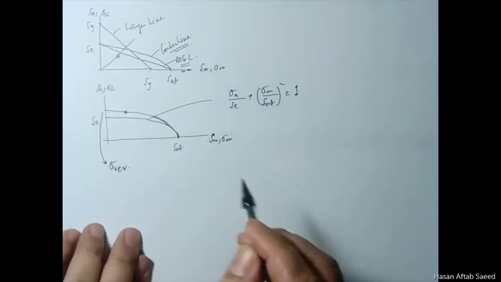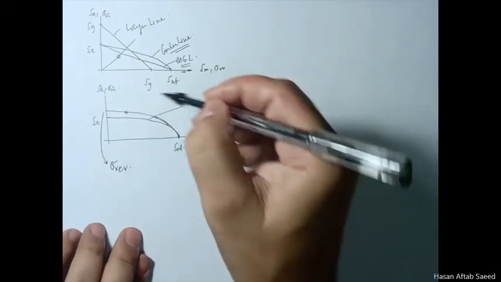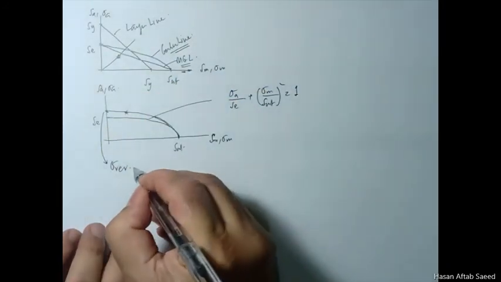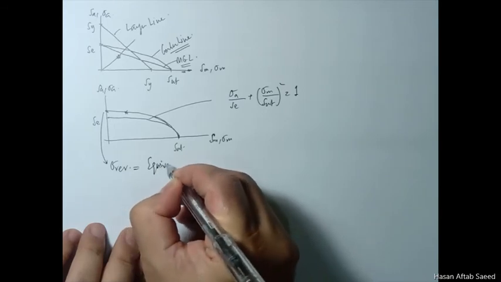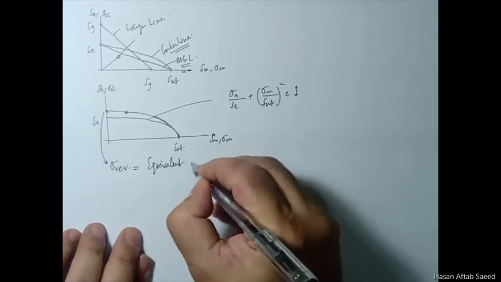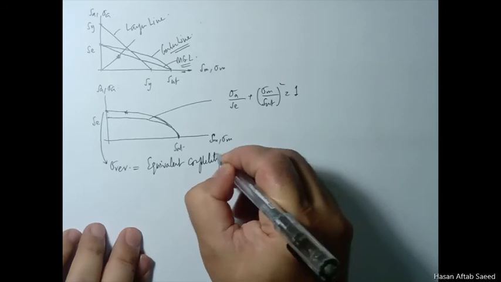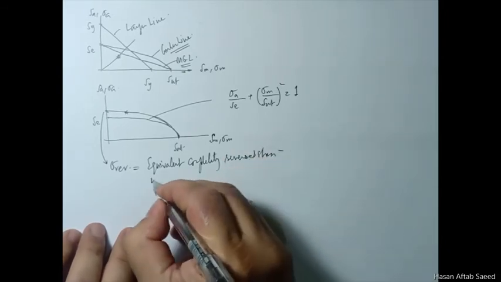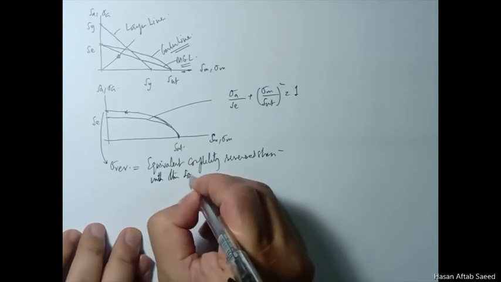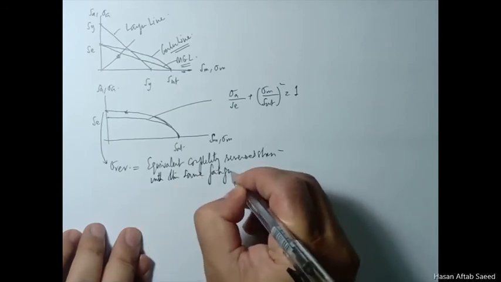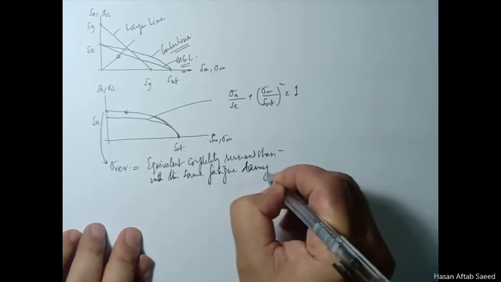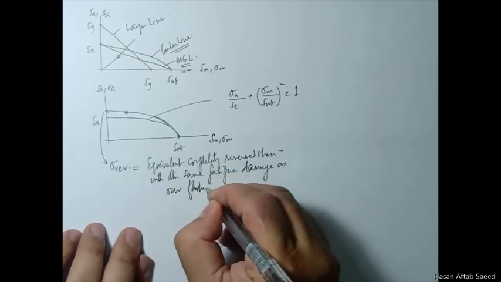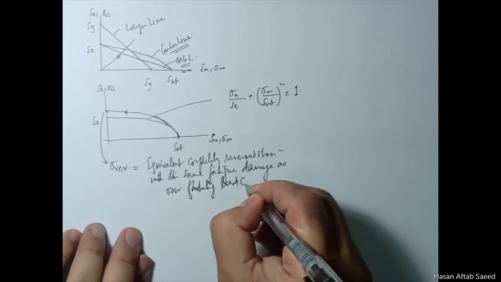sigma completely reversed, because on this axis sigma m is equal to 0, so whatever stress here is, and this is called the equivalent completely reversed stress with the same fatigue damage as our fluctuating load case.